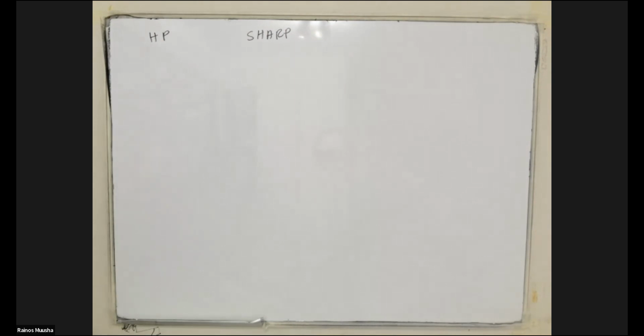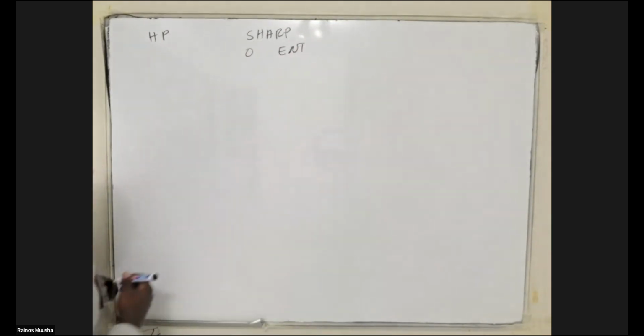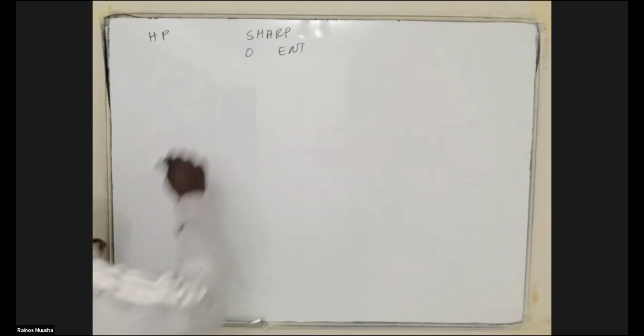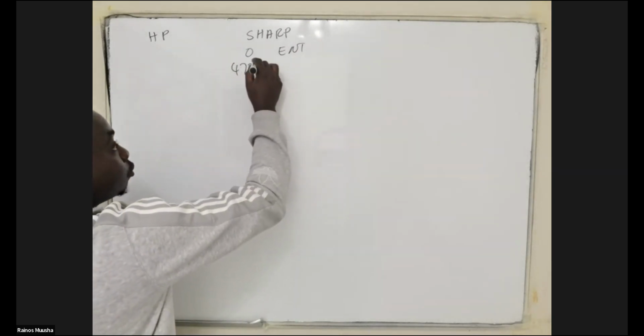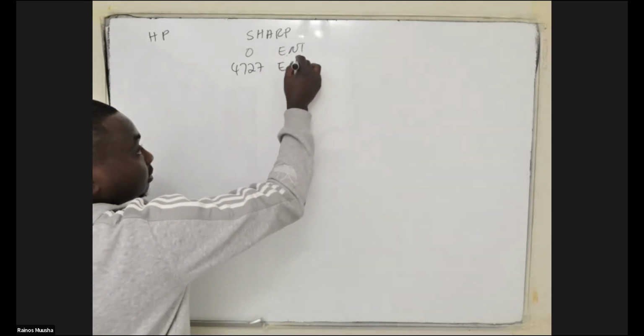Now, if you're using the Sharp calculator, remember, you always have to acknowledge the cash flow for period 0. And in this case, there is no cash flows because these payments are being made at the end of each year. So you're going to say 0, you press enter. Then for year 1, you're going to say 4727, which is the after-tax cash outflow. Then you press enter.